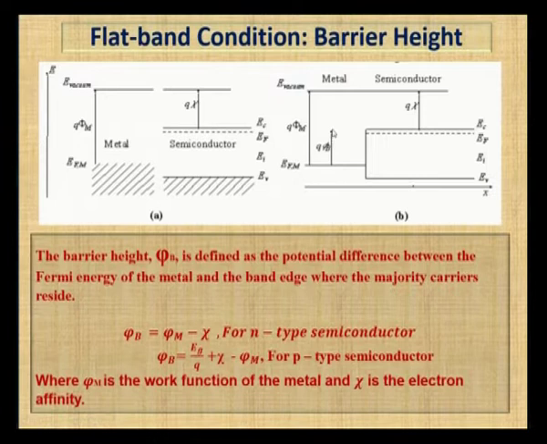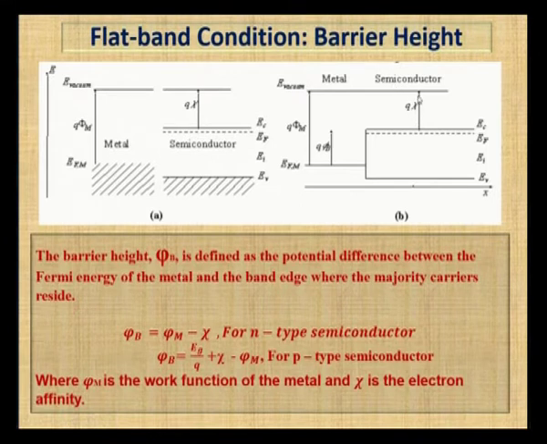As I said, phi b represents the barrier height, and phi b is defined as the potential difference between the Fermi energy of the metal, that is phi m, and the band edge where the majority carriers of the semiconductor reside, this chi.